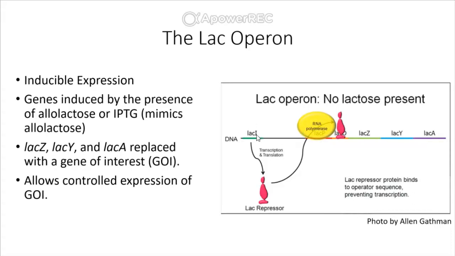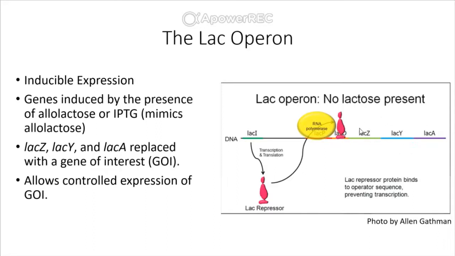It does so through the use of LAC-I. LAC-I expresses the repressor itself, and the repressor identifies the LAC operator sequence and binds to it. And then these are just the genes that could be expressed under the LAC system. We actually aren't going to use any of these genes.